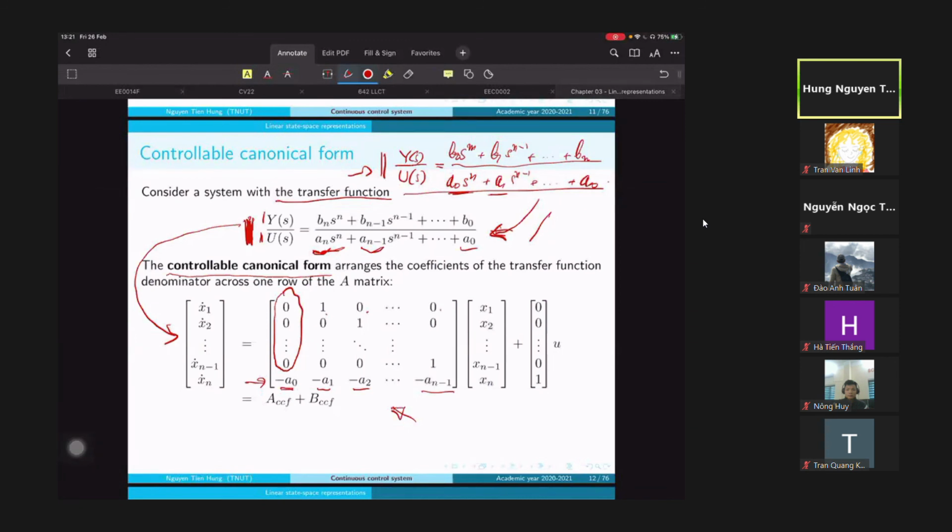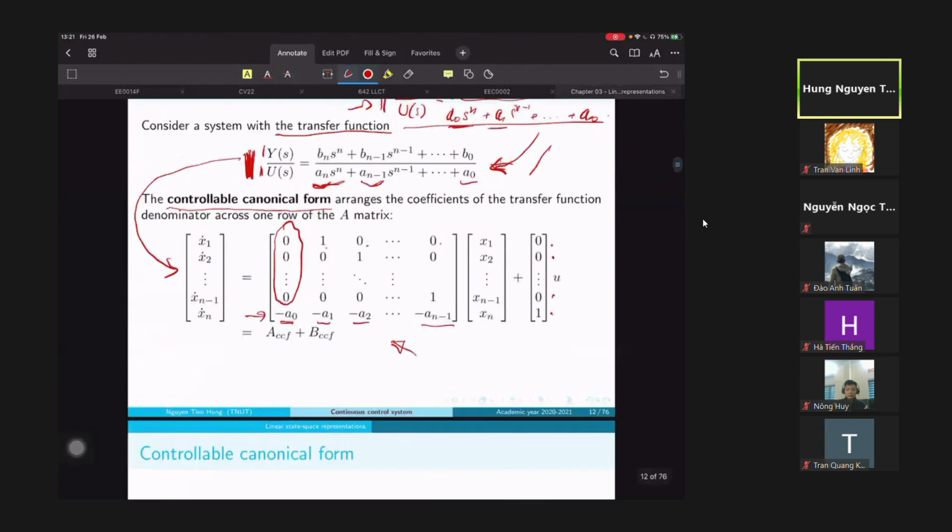By this form. And for the input, we have 0, 0, 0, and we have 1 here. We call this the controllable canonical form. So CF stands for controllable canonical form.